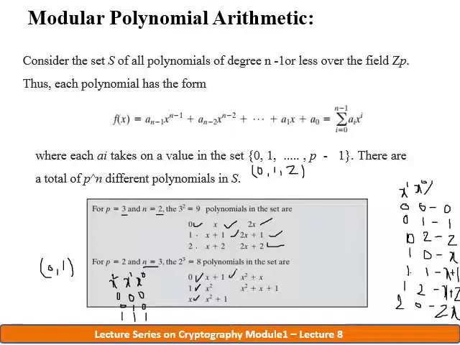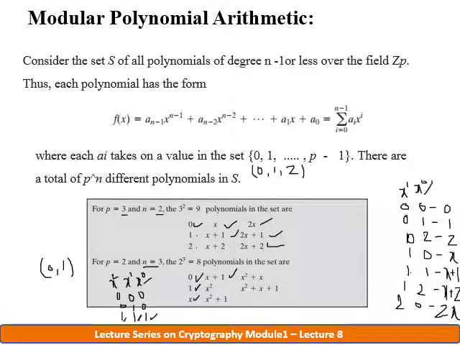So when I come to 111, what is the corresponding weight for this? For this corresponding 1 the weight is x square, for this corresponding 1 the weight is x raised to 1, and for this one the corresponding weight is x to the power of 0, which means 1.